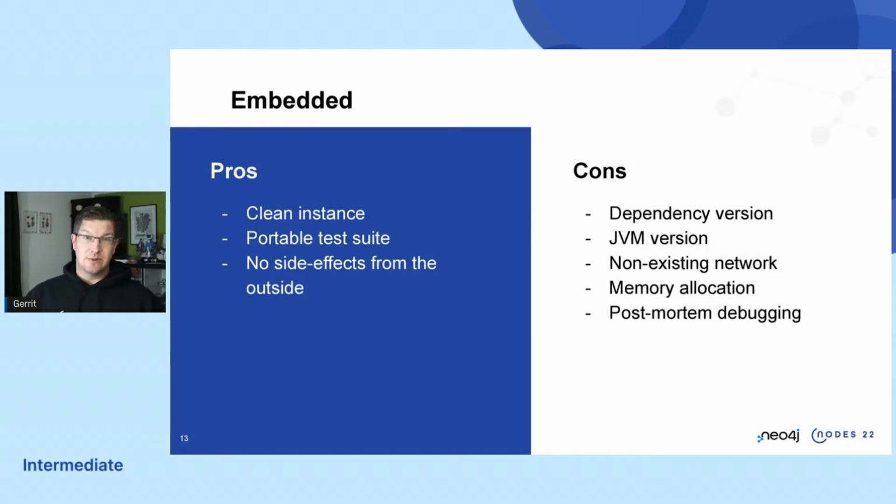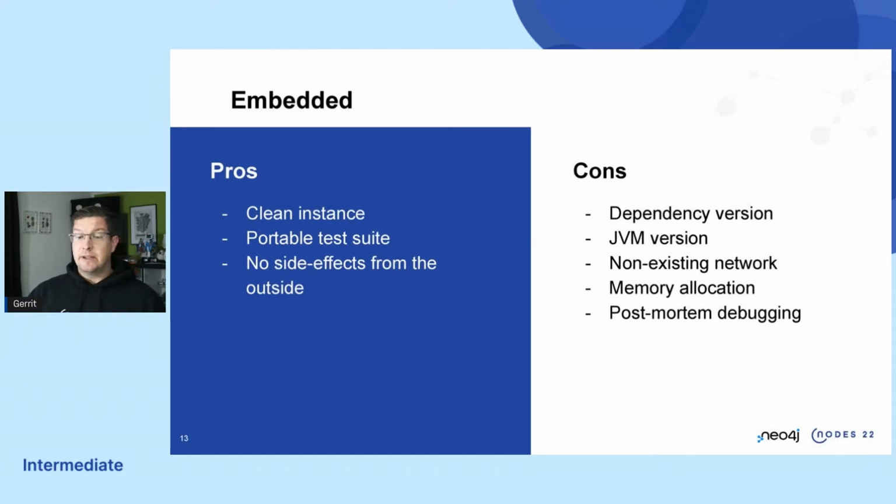In the worst case, you have to make compromises to get the right version running that the embedded instance of your database or external system, however you want to call it, demands, and what you want to use within your application. You can see this in a broader picture, and that might be the worst case: that your embedded system demands a specific version of the JVM. So, for example, you want to write a Java 11 application, but your database demands Java 17.